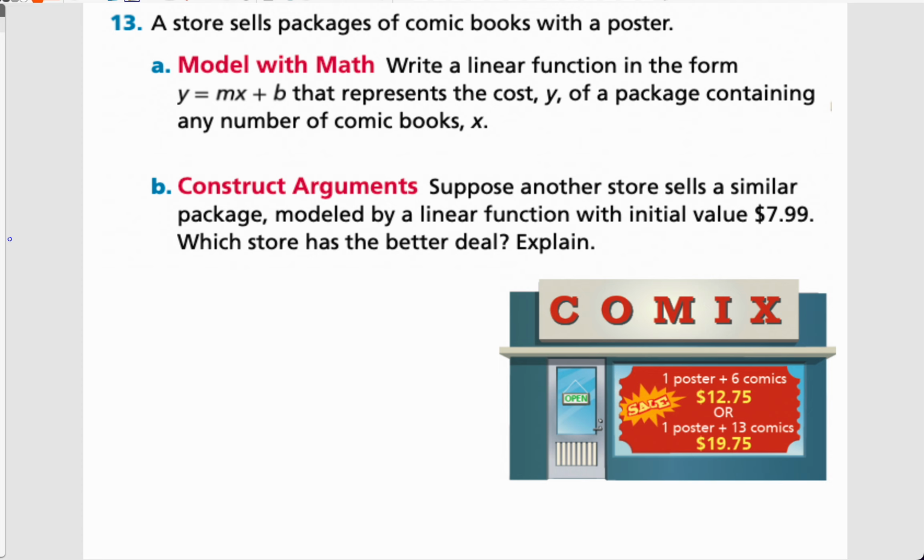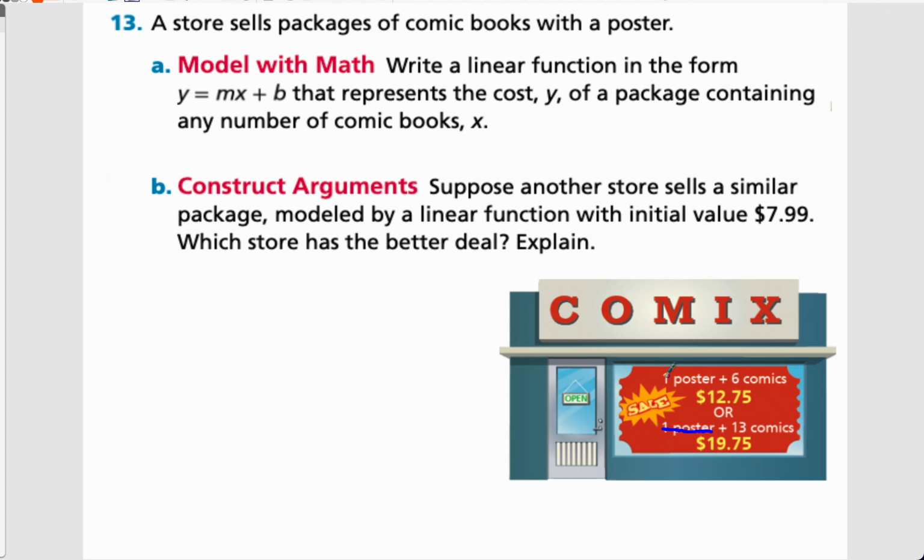A store sells packages of comic books with a poster. Model with math. All right, we've got a linear function in the form of y equals mx plus b that represents the cost y of a package containing any number of comic books x. So the first thing we have to do is find our slope, then find the y-intercept. So for the cost of each package, you get one poster each time.